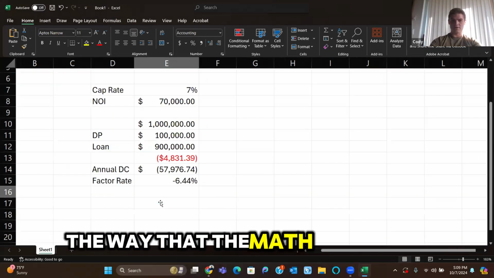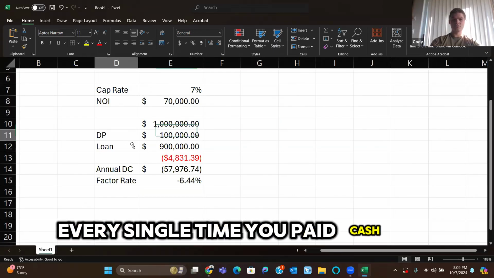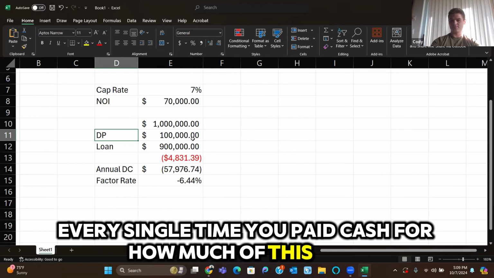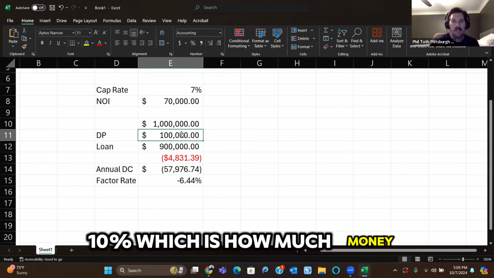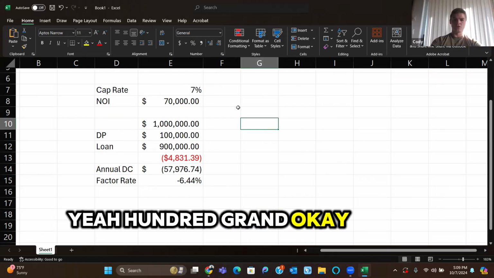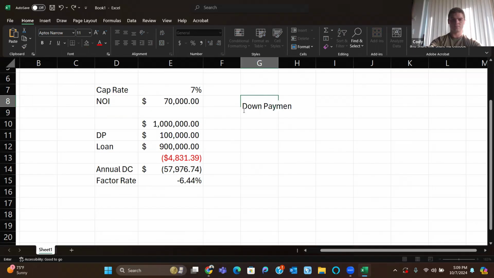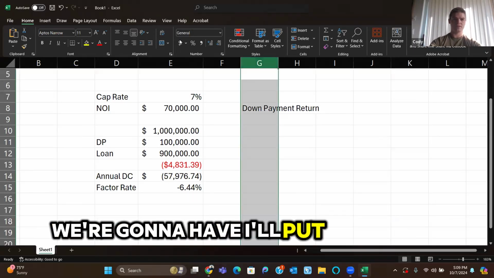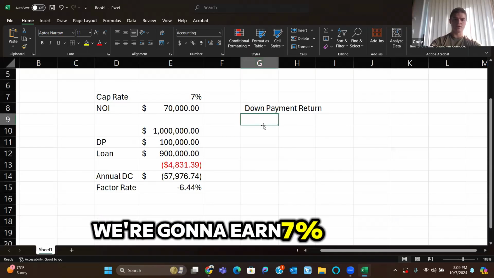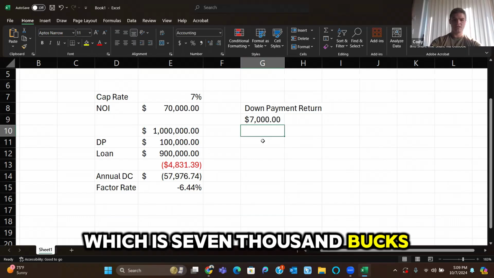The way that the math works out every single time, you paid cash for how much of this deal? 10%. Which is how much money? Yeah, 100 grand. Okay, so our down payment return, we put that here. We're gonna earn 7% on our 100,000, which is $7,000.